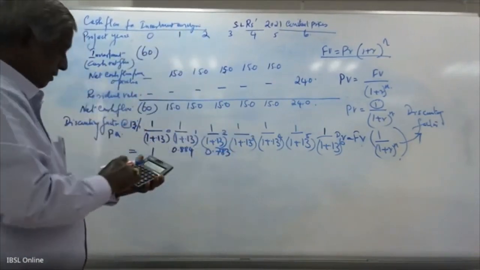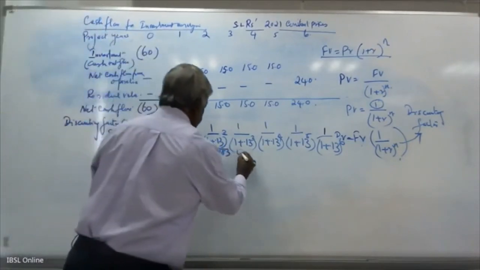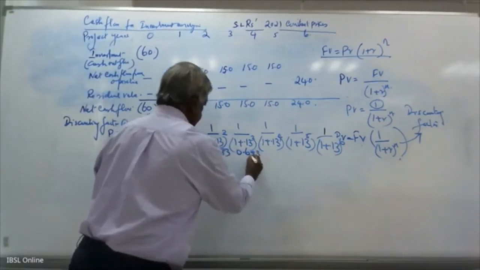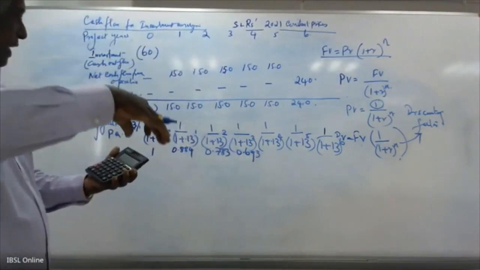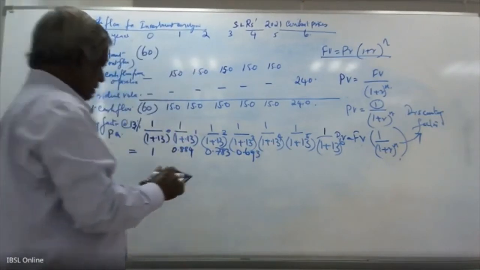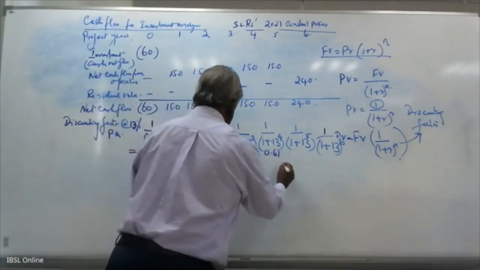Again divide. So equal sign, it will divide. 0.693. Again divide, equal sign. 0.613.